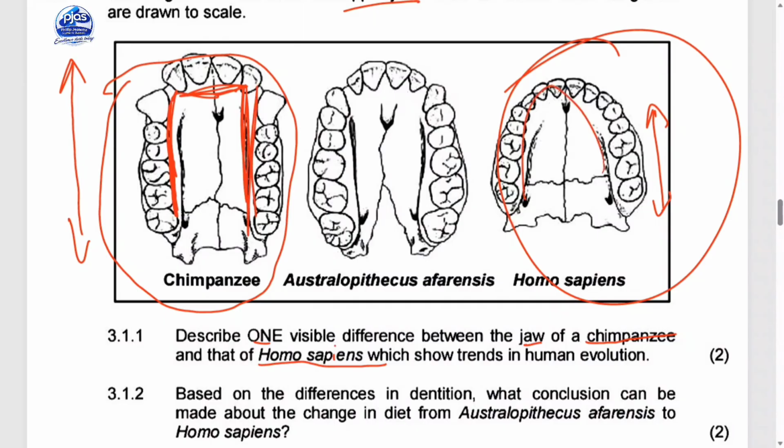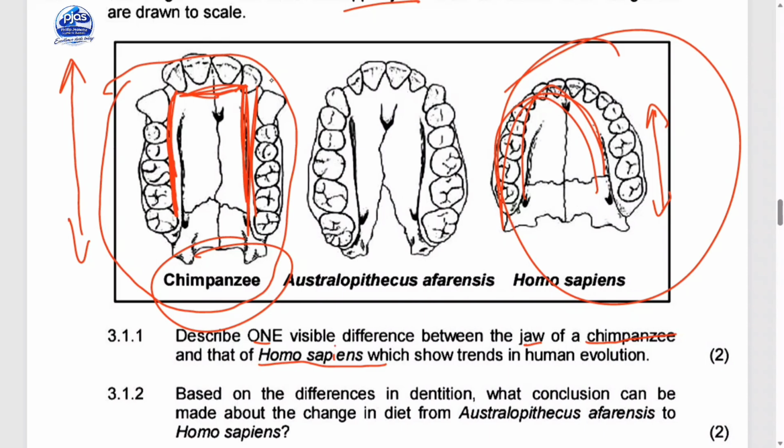It's not the same. Here we have a rectangular jaw, or palate, in the chimpanzee, and in Homo sapiens we have a rounded jaw.